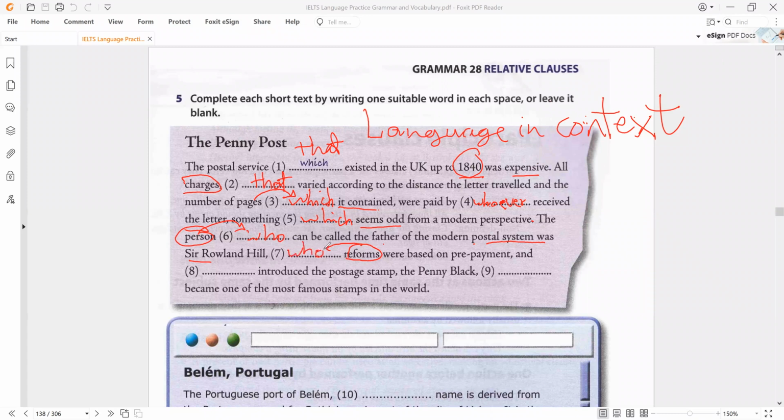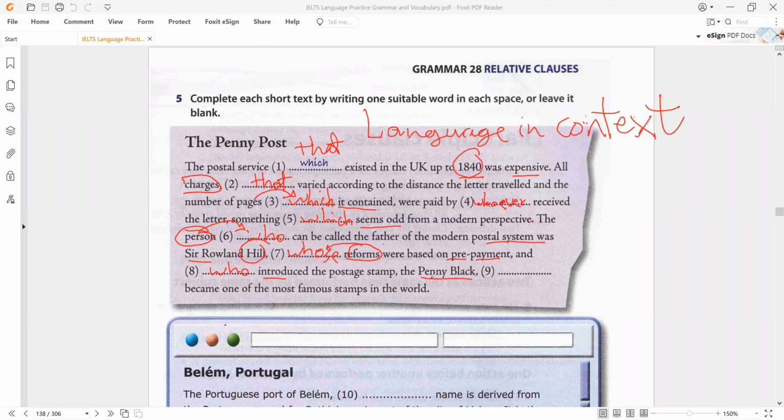Whose reforms were based on prepayment and introduced the postage stamp. And number 8, we are talking about Mr. Hill, whose reforms were based on prepayment and who introduced the postage stamp, the penny black.